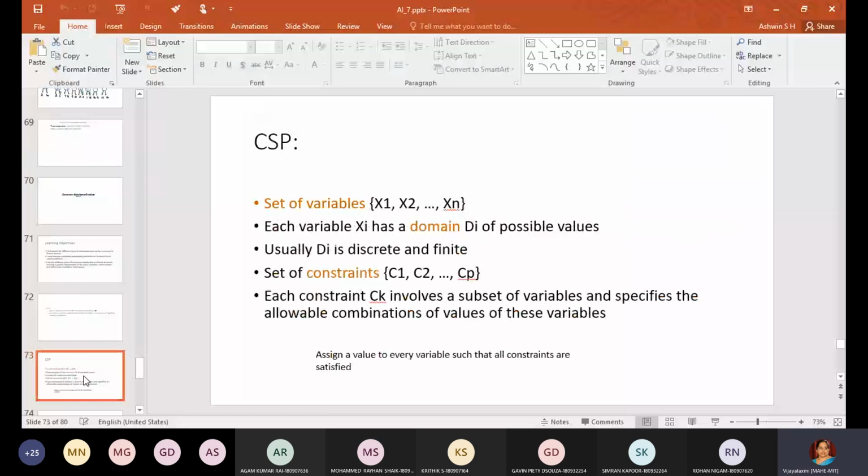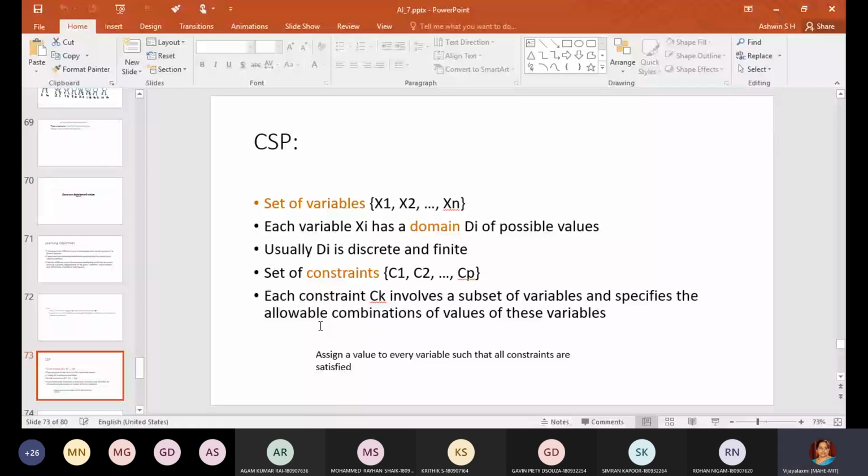For example, if we consider the set of variables to be x1, x2 and so on, each variable xi will have a domain di of possible values. Normally, di is discrete and finite, and along with these variables and domains, you have to define the constraints as well.